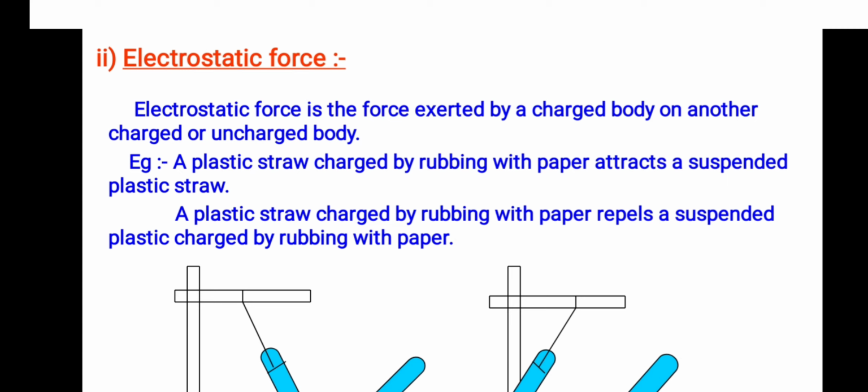Okay, the two examples we have discussed earlier. First one is a plastic comb rubbed with dry hair. It is electrified. Rubbing means there is friction between two bodies. In the second case, a glass rod is rubbed with a piece of silk.